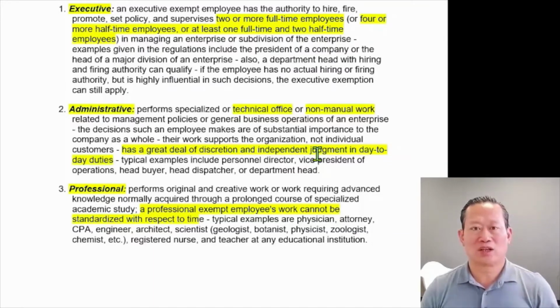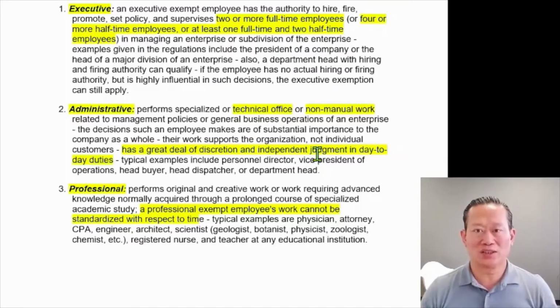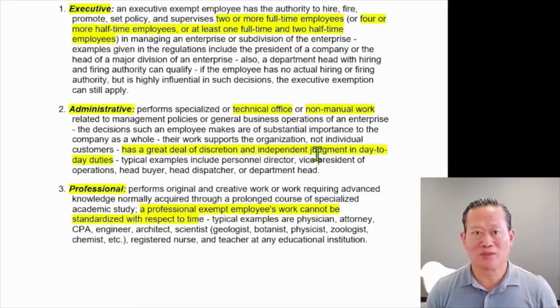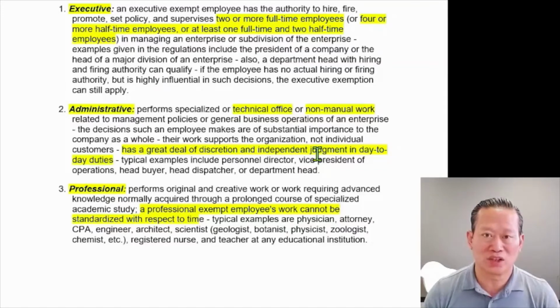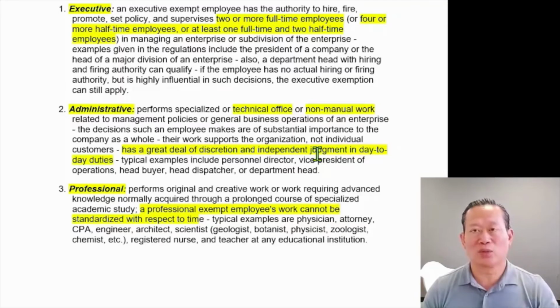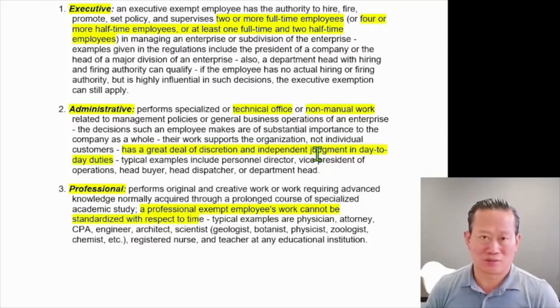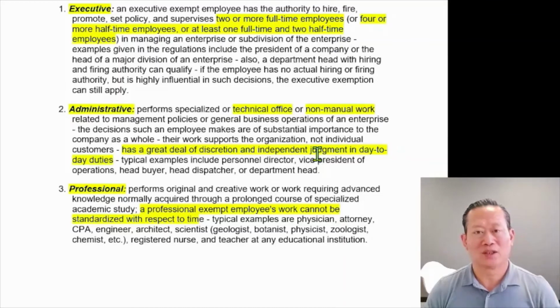Whether or not they are allowed to set policies is key here because the employee has to engage in managing an enterprise or subdivision of the company, meaning they are a department head, they supervise the branch or the division, and that includes hiring and firing. If you have someone that doesn't hire and fire, then you're not exempt. If you have an employee that is actually not running the operation, then you don't have an exempt employee.